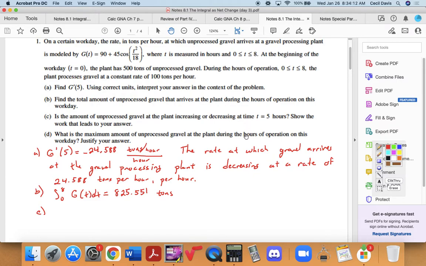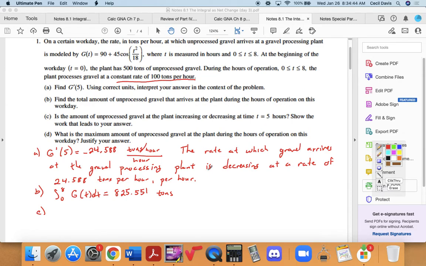All right. Well, the amount of gravel we found by taking the integral, right? That's the amount that's coming in, but we're also processing this at a constant rate of 100 tons per hour.